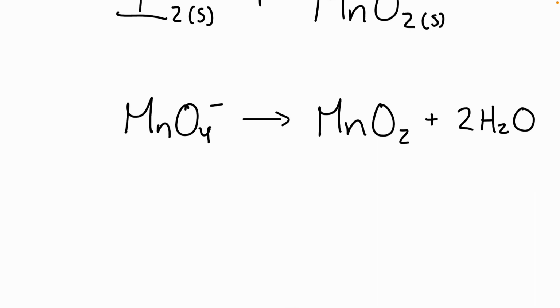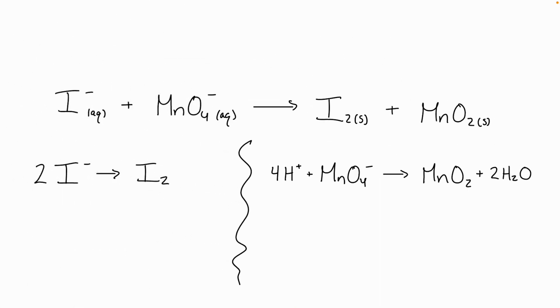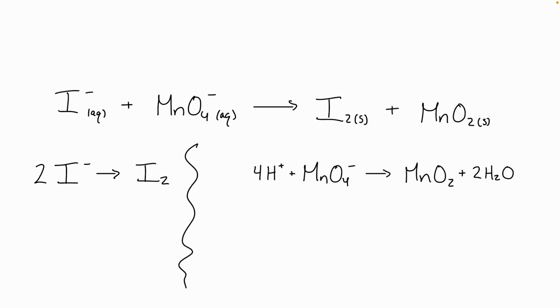And now I'm going to balance my hydrogens by adding protons, hydrogen ions. So I'll need 4 over on this side. Okay, so again, those first 4 steps, just like we saw before.